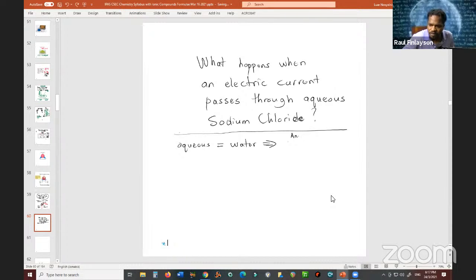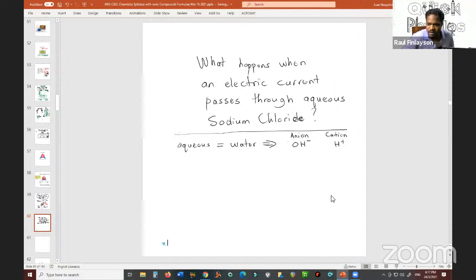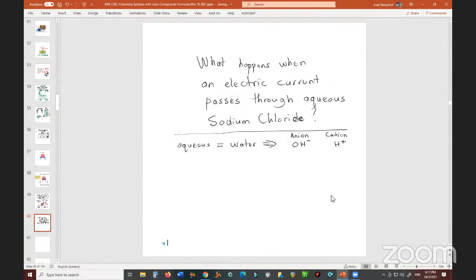We write the anion first, and then we write the cation after. Aqueous means water, and anytime current passes through water, you're going to get hydroxide ions, and the cation will be the hydrogen ion. Everybody get that?